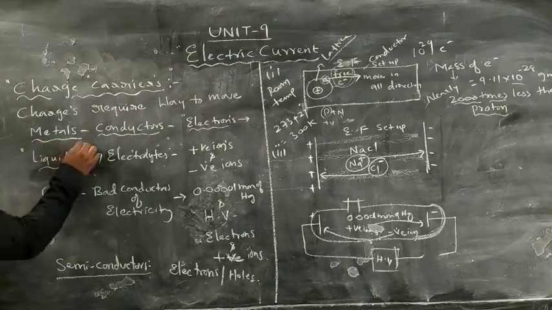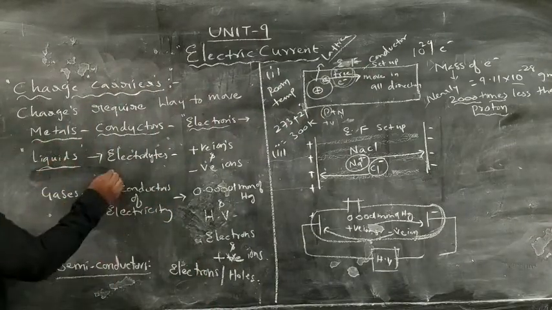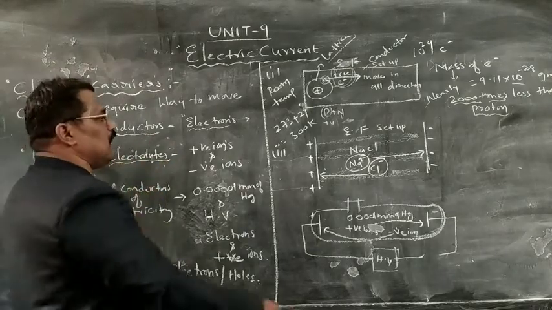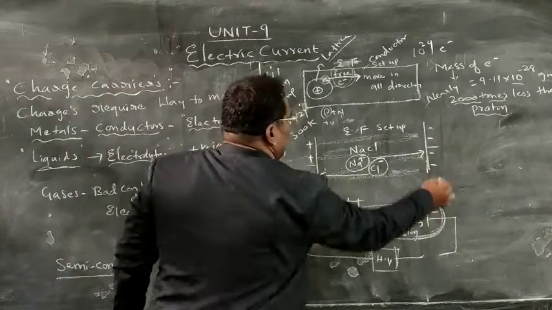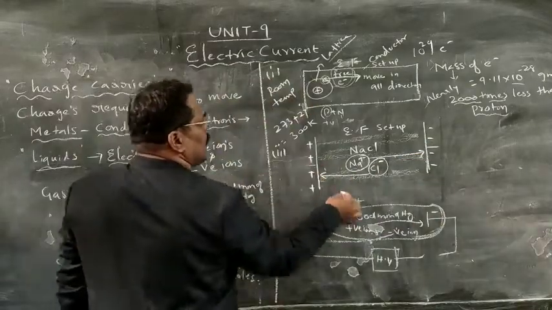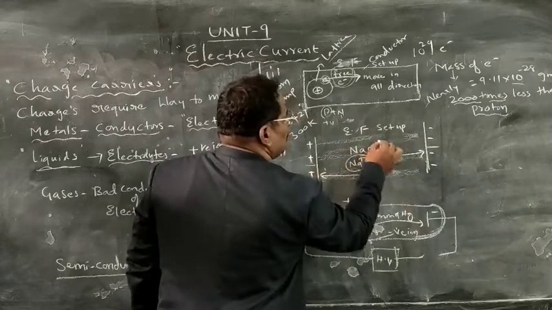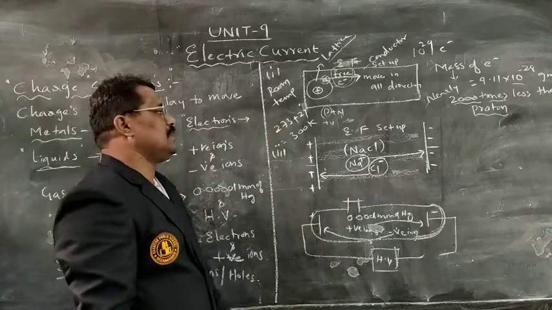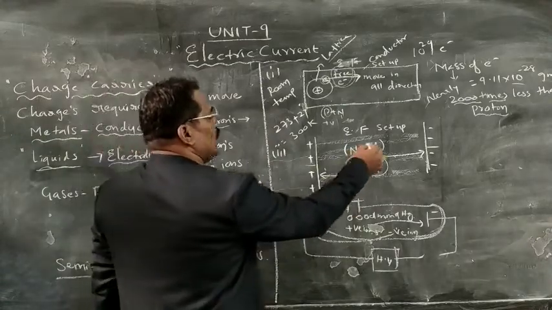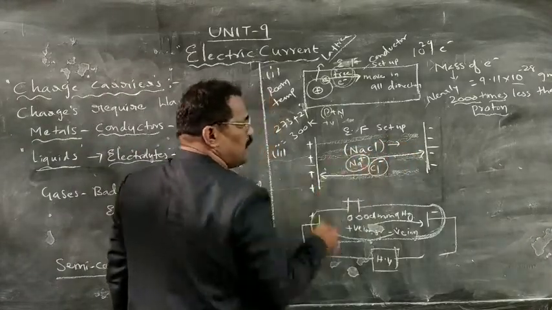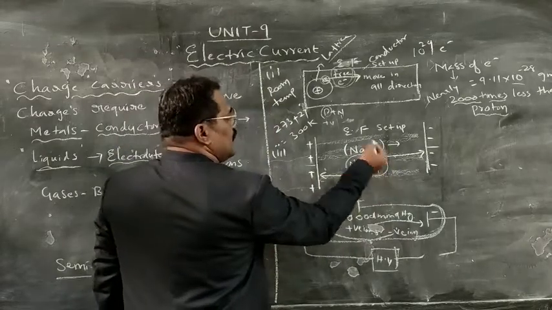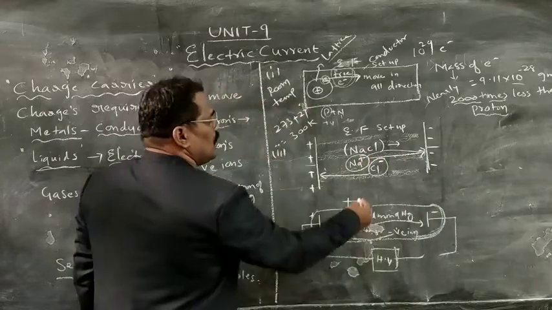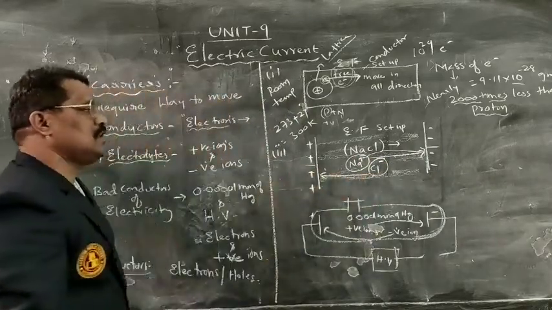Coming to liquids, charge propagates through electrolytic substances. I have taken a positive plate and a negative plate connected to a battery, with an electrolytic substance called sodium chloride paste. By connecting to a battery, this sodium chloride splits up in the form of ions, positive ions as well as negative ions. Positive ions are attracted towards the negative electrode, and negative ions towards the positive electrode.